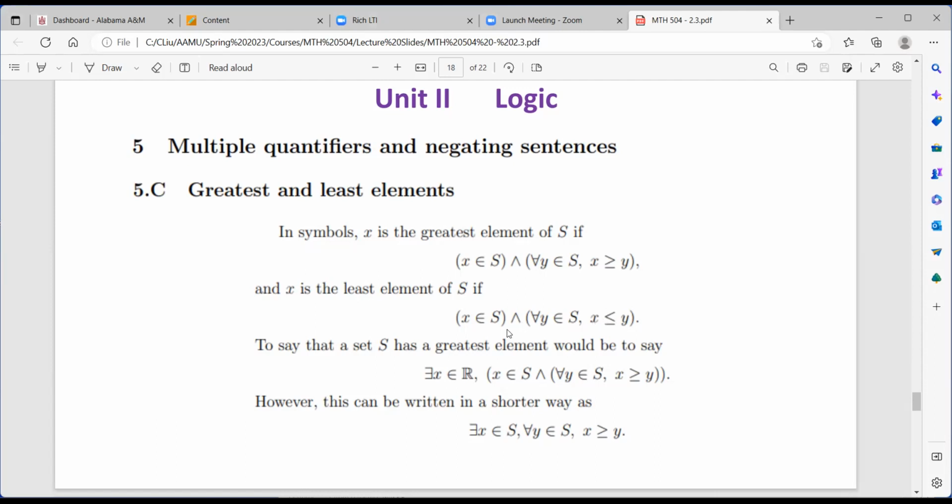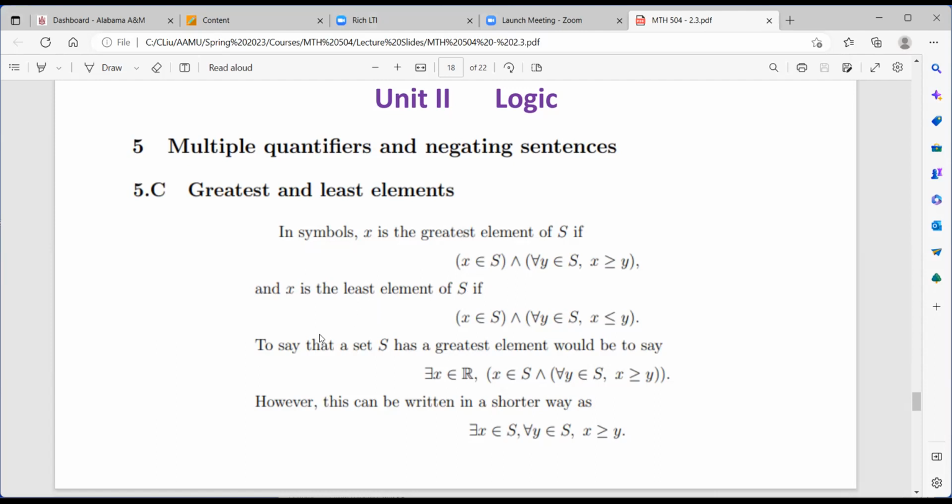So then, this is just the definition of greatest element of S and least element of S. But they may not exist, we're going to see some examples, where actually one of those or both do not exist.